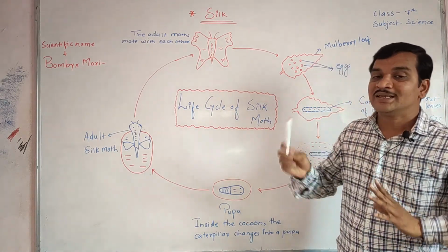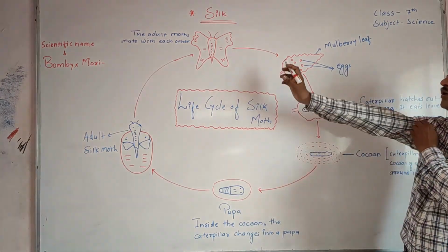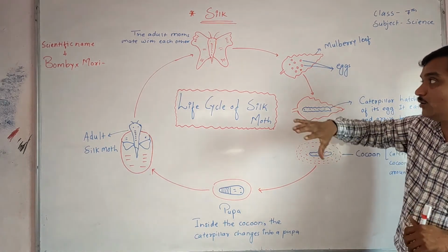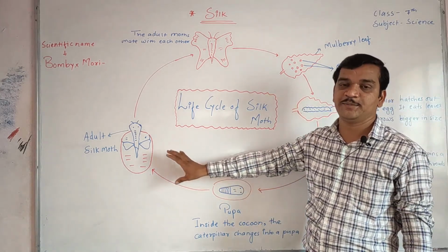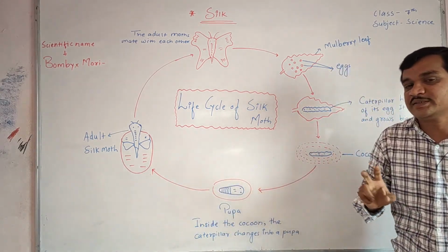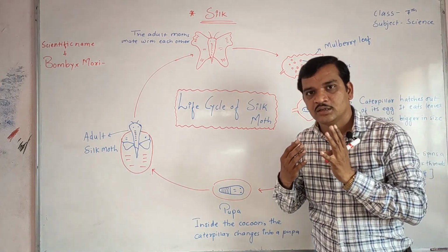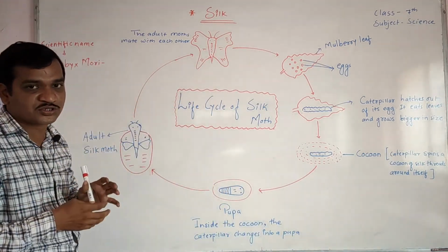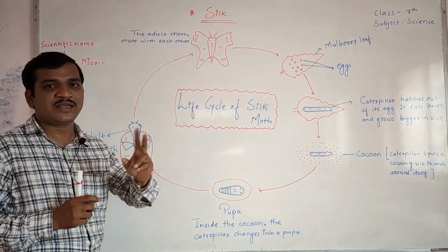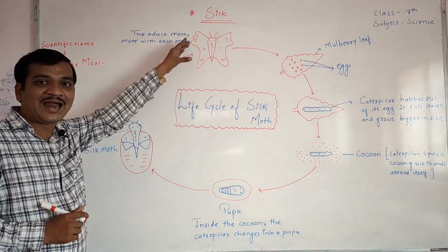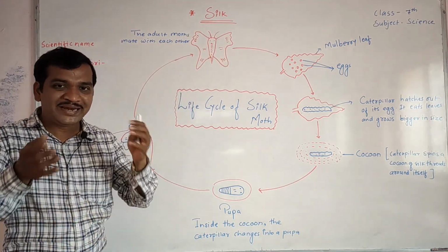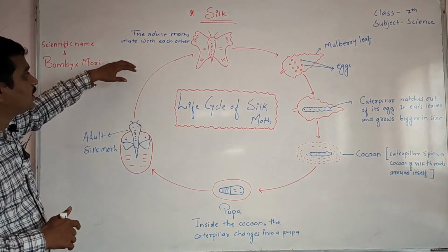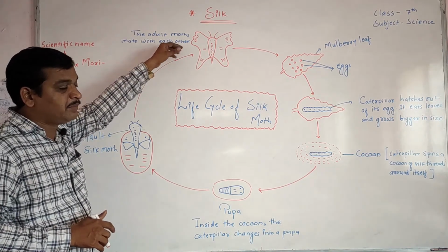Now we'll see how the silk moth completes its life cycle. For any kind of reproduction, two organisms are required, the male and the female. In the same way here, the male and female moth come together and mate each other.